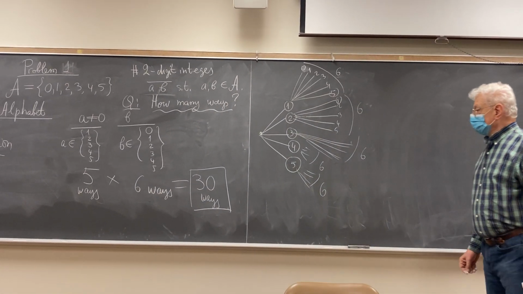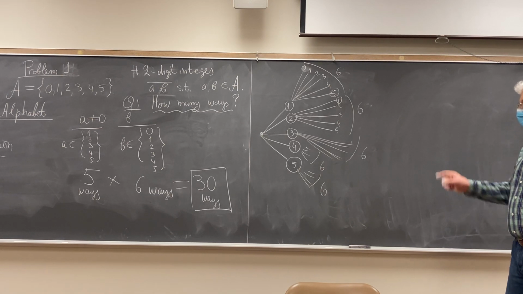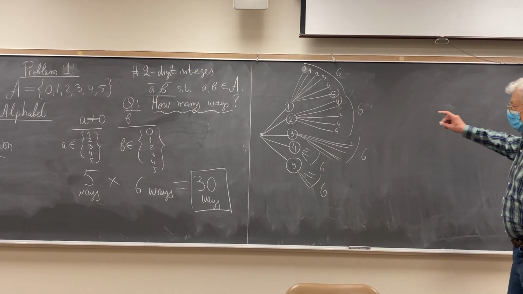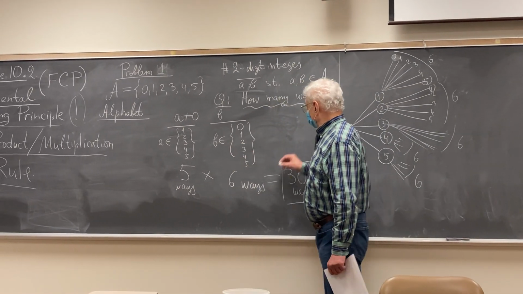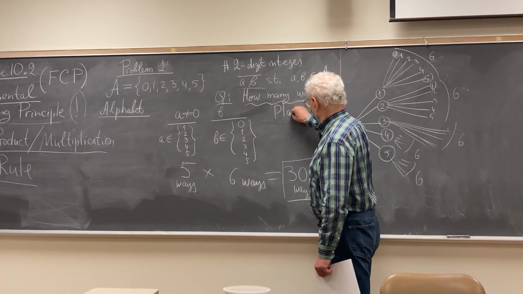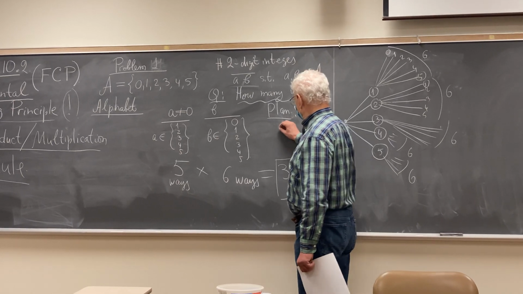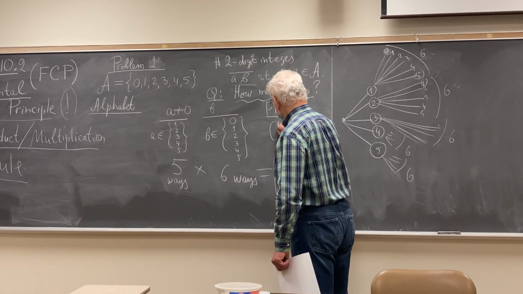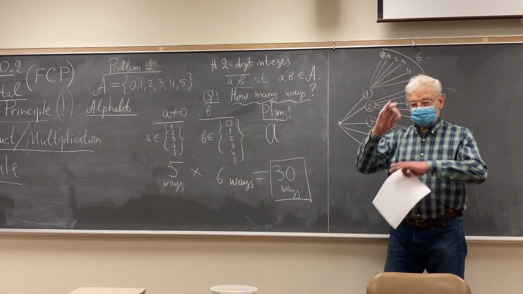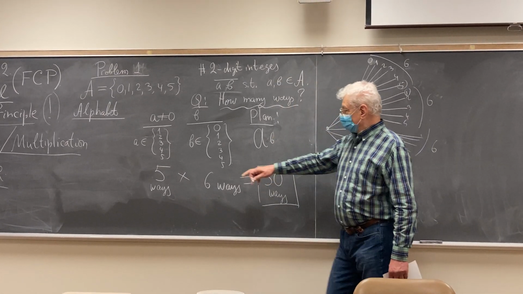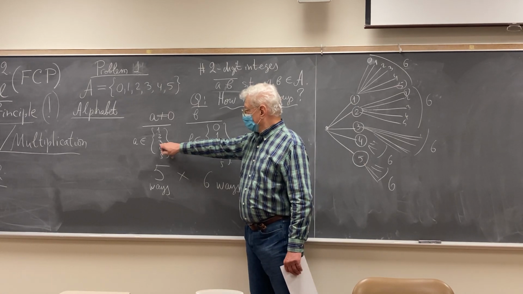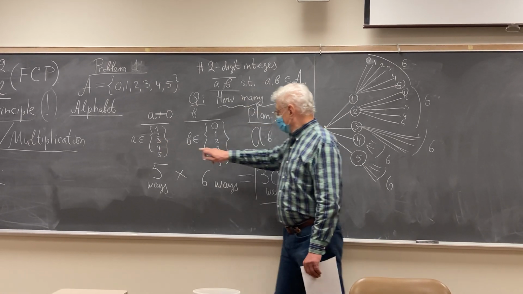Okay, where did you use the uniformity? You got 30. So our plan was the following. First you choose letter A, and then we choose letter B. For example, we choose digit 3 and then extend.